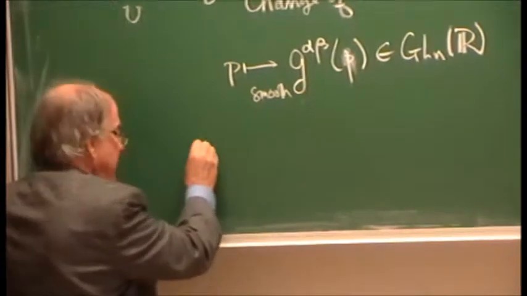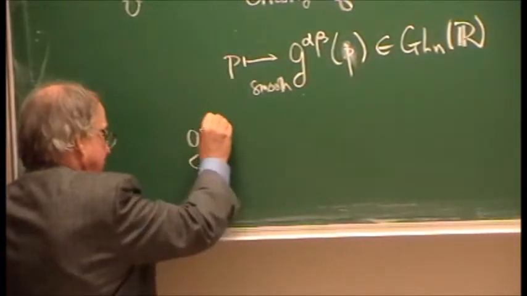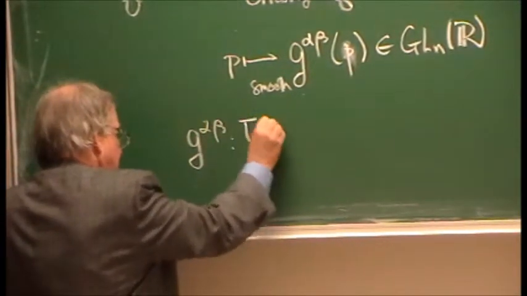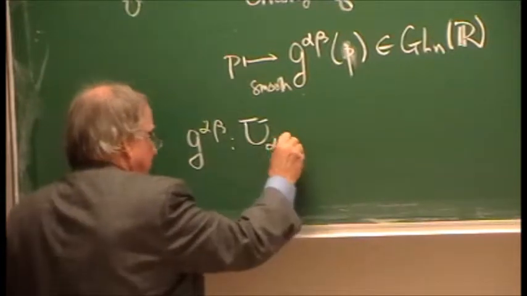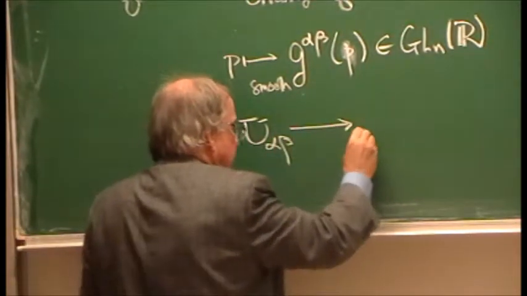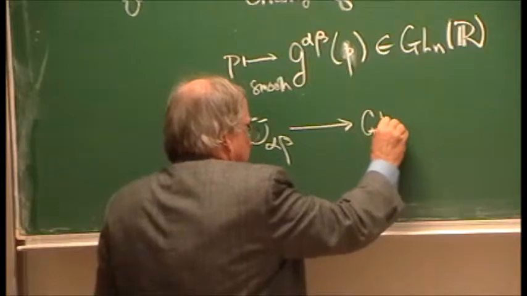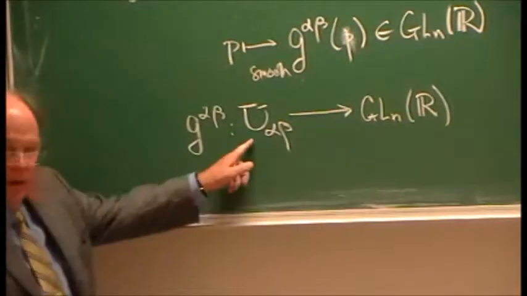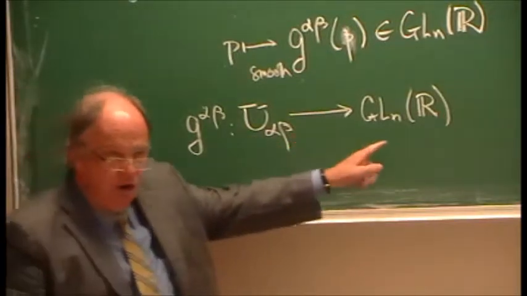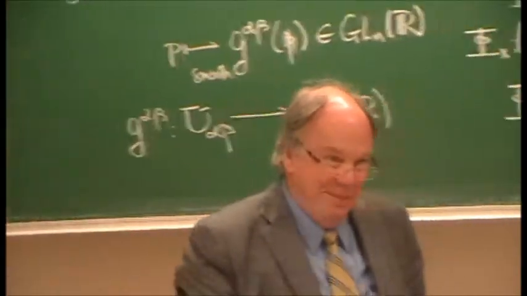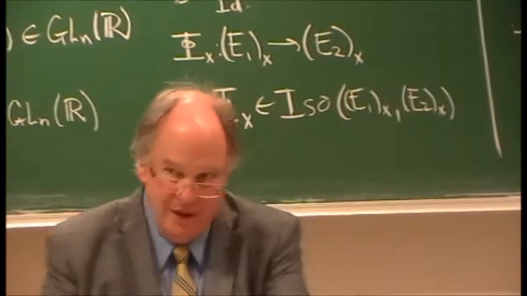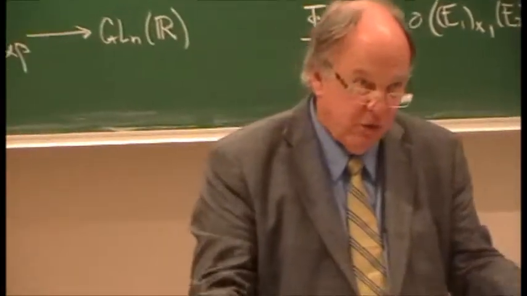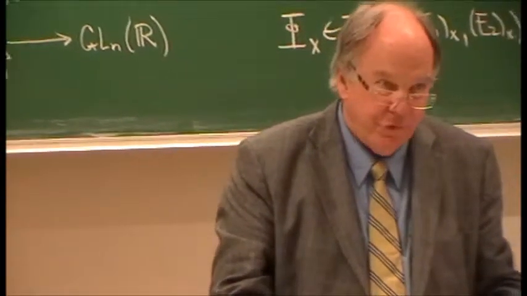So these so-called transition matrices are matrices which have smooth entries in them. It is a smooth map from the intersection into GLN. Okay? So you need a family of matrices varying smoothly. Fortunately, GLN is a manifold.